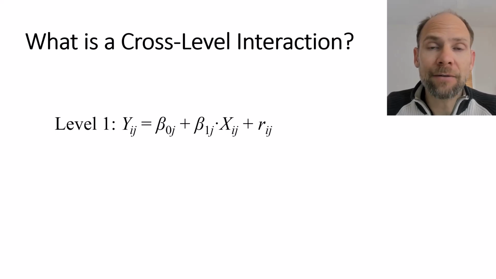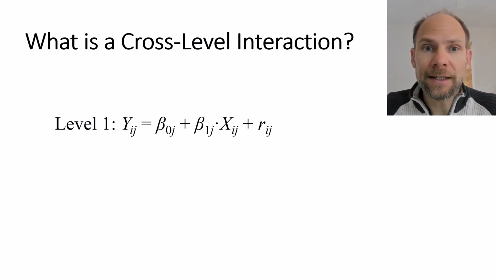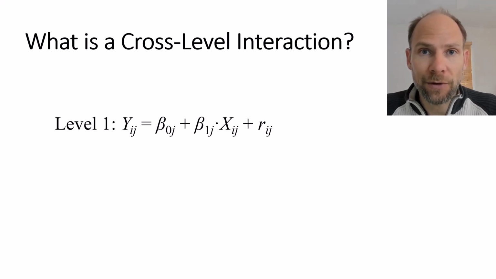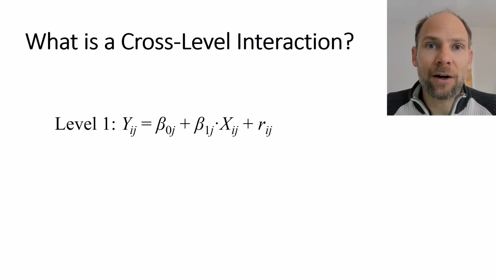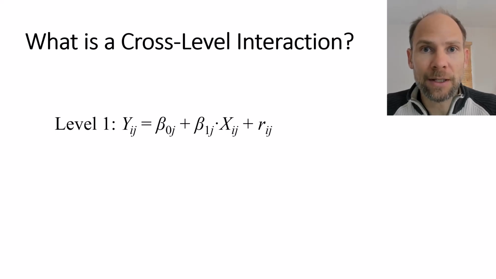Notice that in this level 1 model, both the intercept beta 0 and the slope beta 1 may be random coefficients. And that is the case here in this example. And that's critical for the idea of a cross-level interaction, because we can only have a cross-level interaction if we have random coefficients in our level 1 model, specifically if we have a random slope.